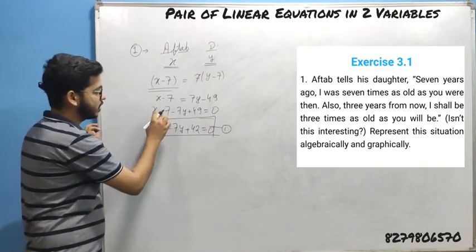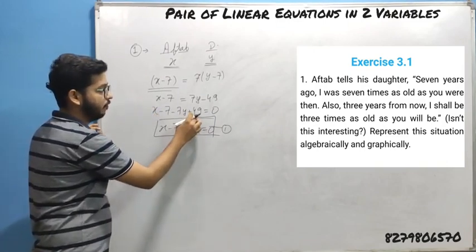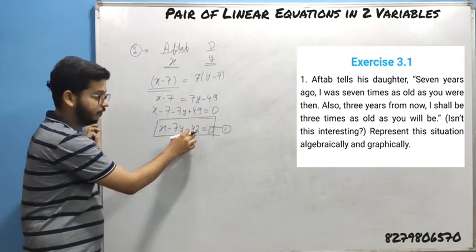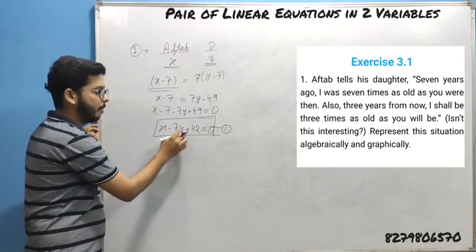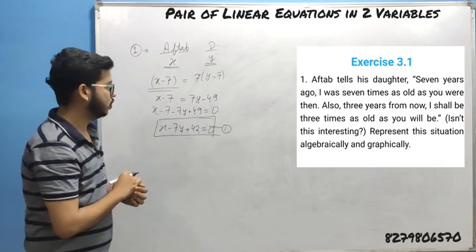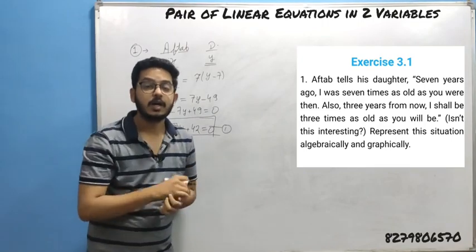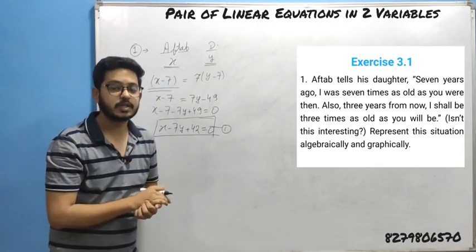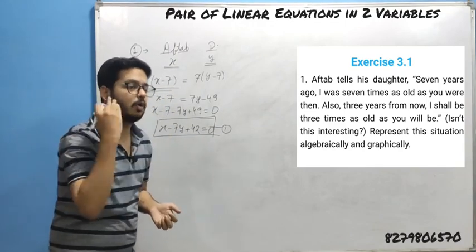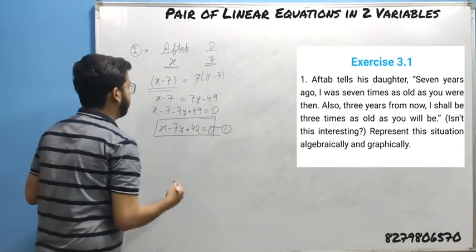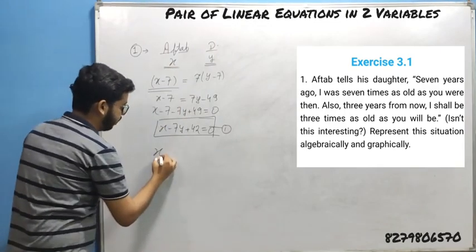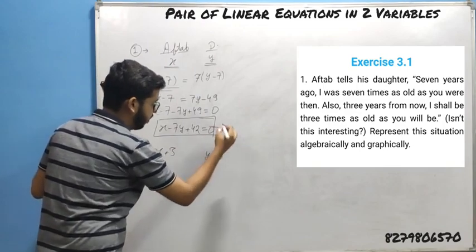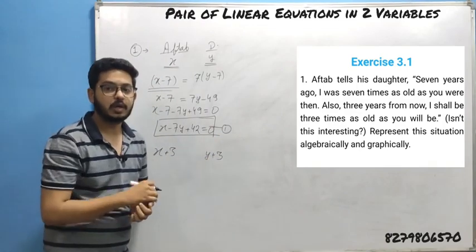As you can see, 7 is negative and 49 is positive, so 42 will be positive. Now let's see the second condition. 3 years from now means Aftab's age is x plus 3 and his daughter's age will be y plus 3.